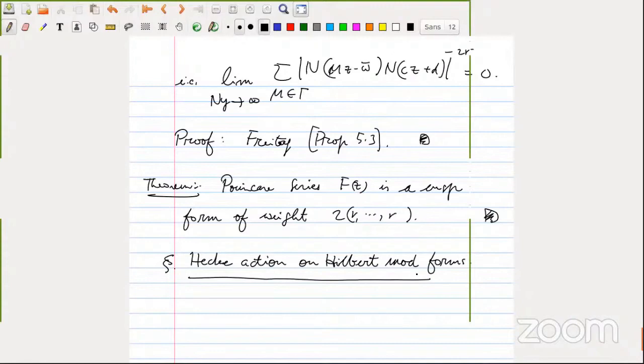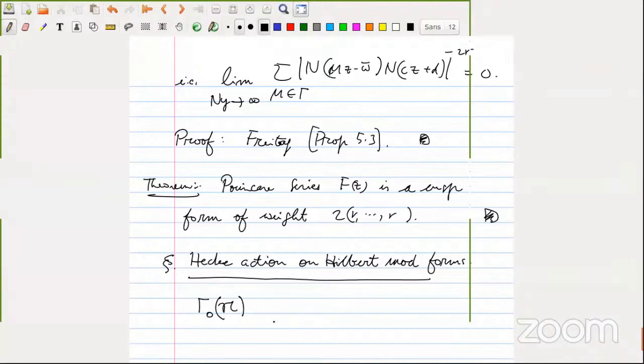Okay, we are going to define Hecke operators as double coset decompositions of certain kinds of matrices, and the best way to do this is using the adelic description of Hilbert modular forms. But I'll just define what these Hecke operators look like in some special cases. So in general, we can look at gamma naught of n.